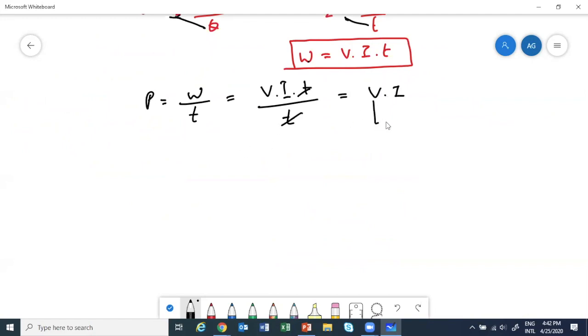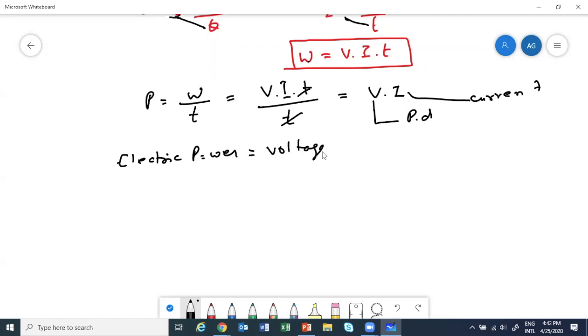Here V is potential difference and I is current. So we can say electric power is voltage into current.